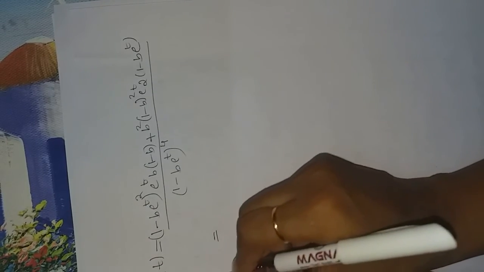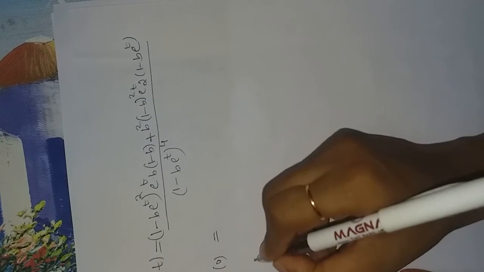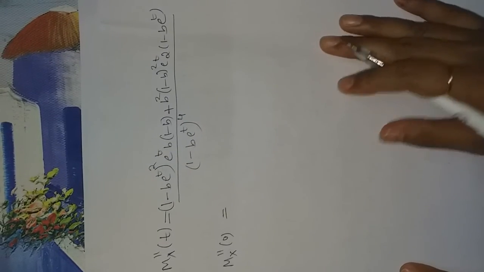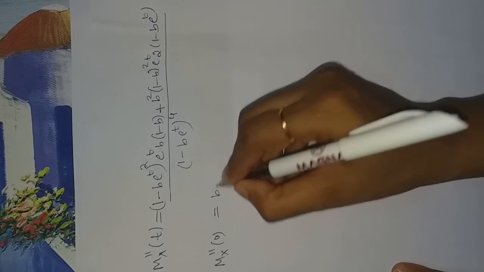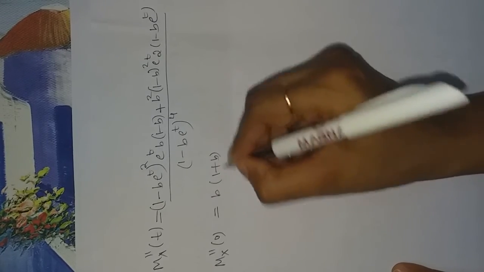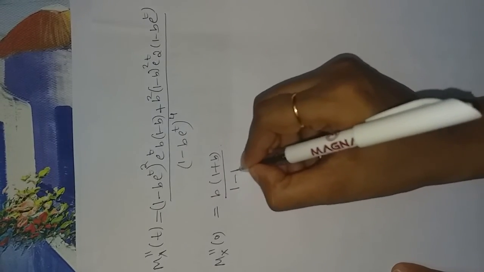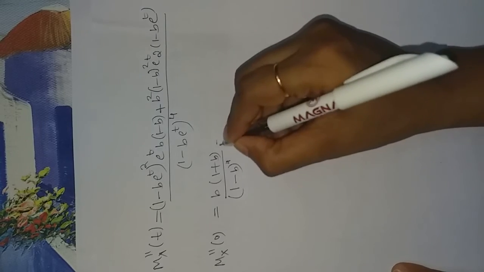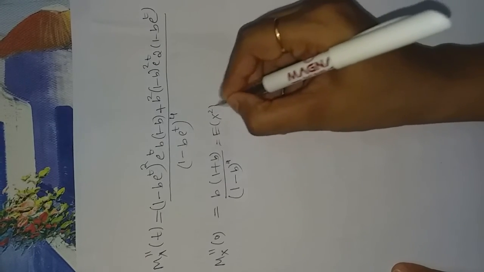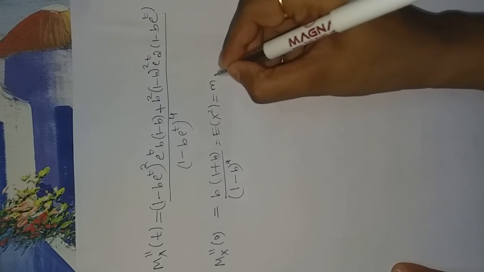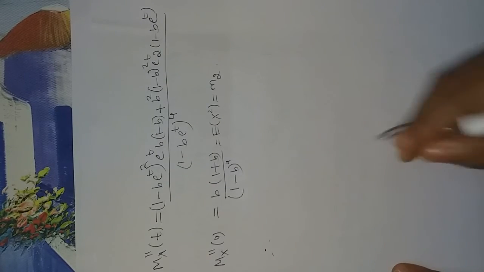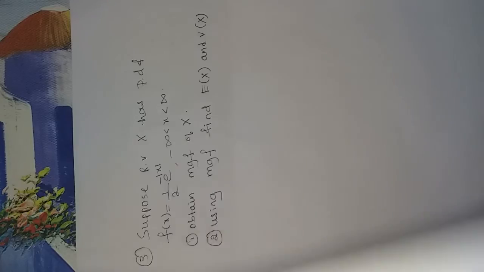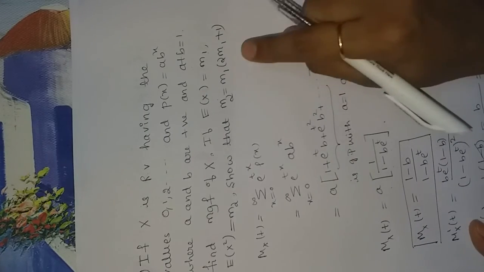Then put t equal to 0. We get b into 1 plus b divided by 1 minus b power 3. So this is expectation of x square, and it is denoted by m2 in the question. So we'll take the right hand side of the required thing, that is m1 into 2m1 plus 1.